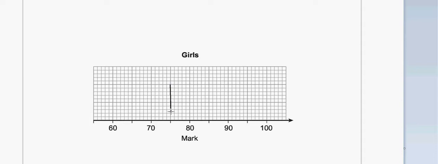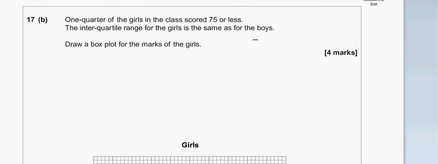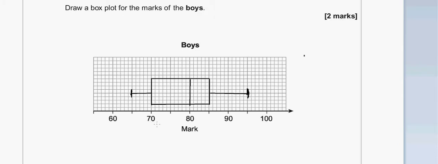So this would be at 75. Okay, so my lower quartile is at 75. Now the interquartile range for the girls is the same as for the boys. So if I pull up the boys here, they have an interquartile range of 15, from 70 to 85.